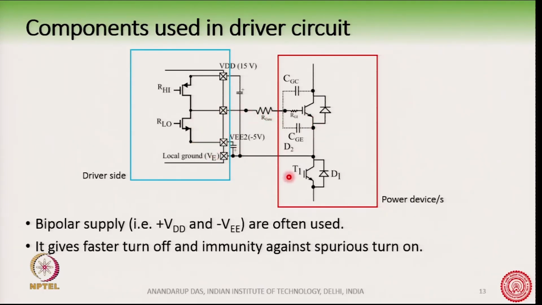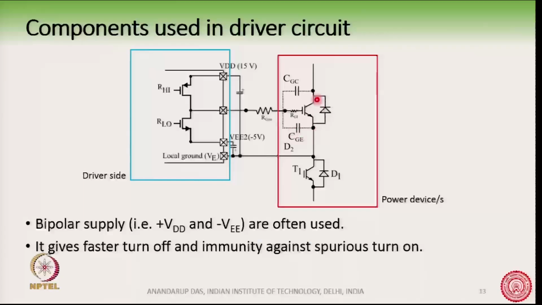Now, when we want to discharge it, we would like to discharge it to a negative voltage. There are certain advantages. First, if you discharge it to a negative voltage, it will give you faster turn off, and there will also be immunity against spurious turn on. We will discuss that sometime later, but you should understand that basically we are trying to charge these two capacitors up.